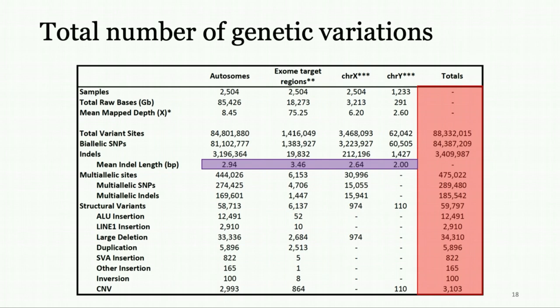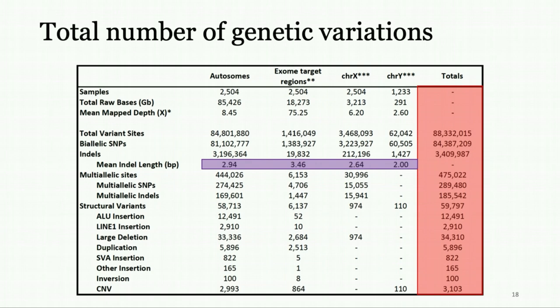And there are other numbers for different types of variants: structural variants and multi-allelic sites, multi-allelic SNPs. You can see that bi-allelic SNPs are much more common than multi-allelic SNPs. A SNP, single nucleotide polymorphism, is created by a point mutation. So if you have one point mutation, you have two alleles, so it's bi-allelic.